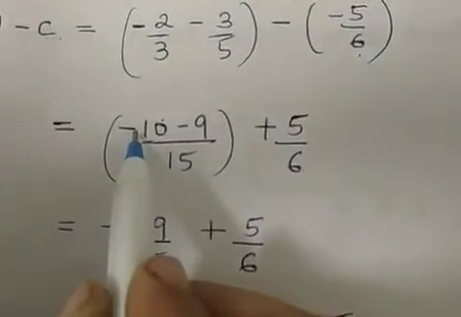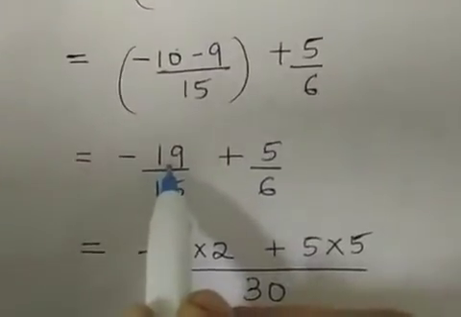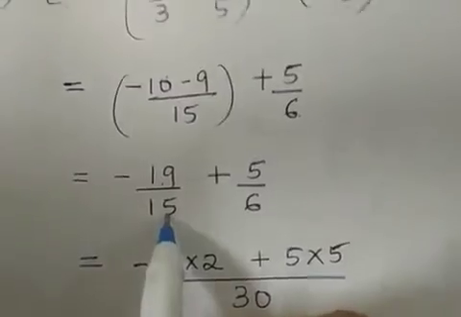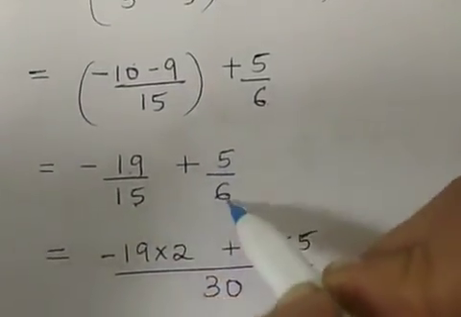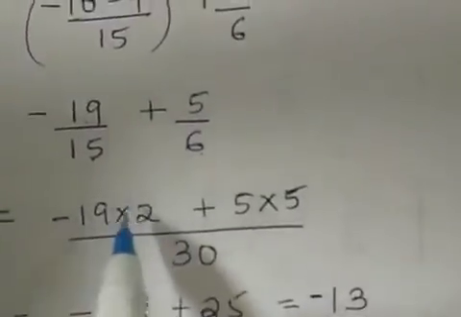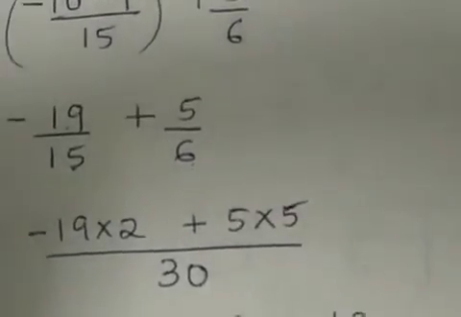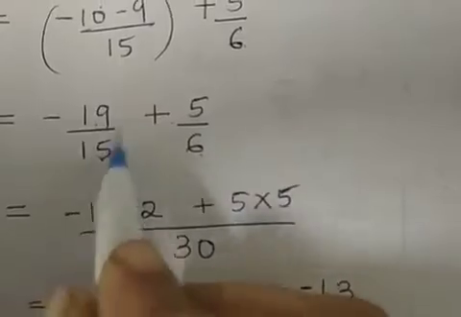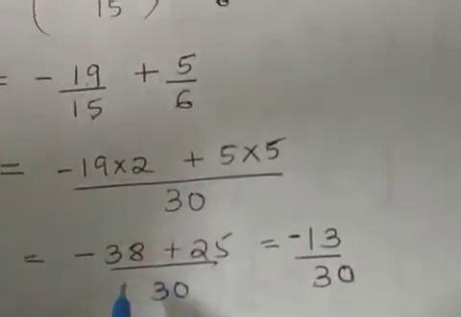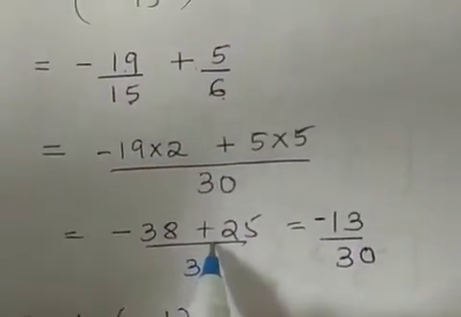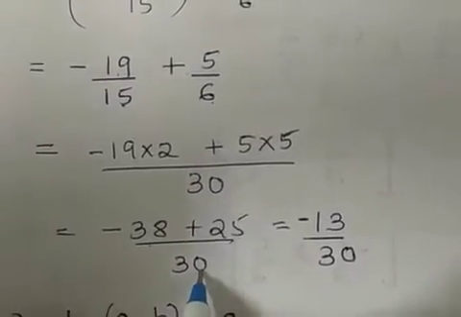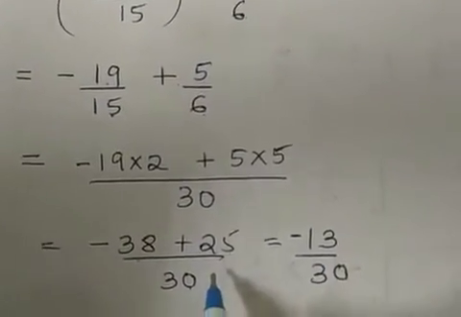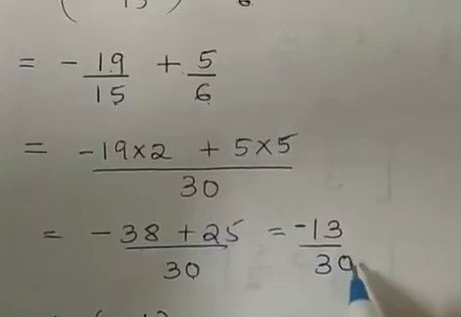So here you have minus 10 minus 9 is minus 19 upon 15 plus 5 upon 6. Now here the LCM is 30, so you get minus 19 into 2, because 15 is already there here. After solving, you get minus 38 plus 25 upon 30, and this is minus 13 upon 30.